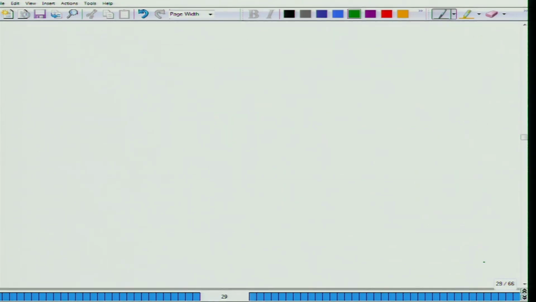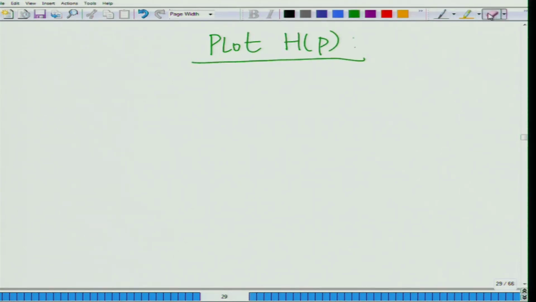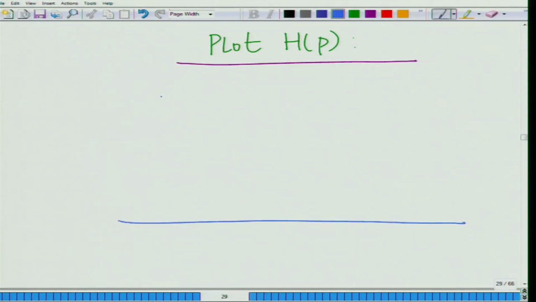So if we plot the entropy, you will realize that it looks something like this. Okay, so on the x axis we have p, on the y axis we have h of p.